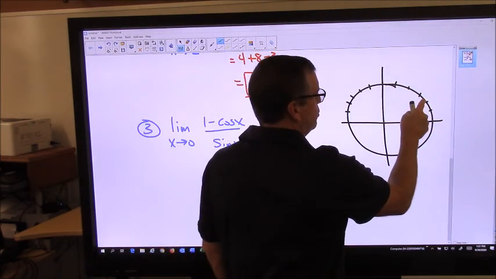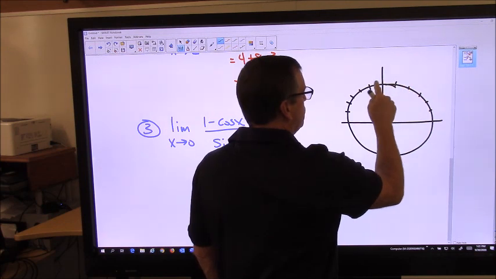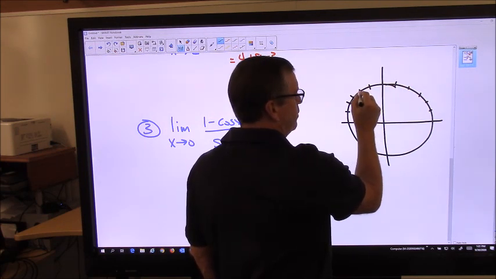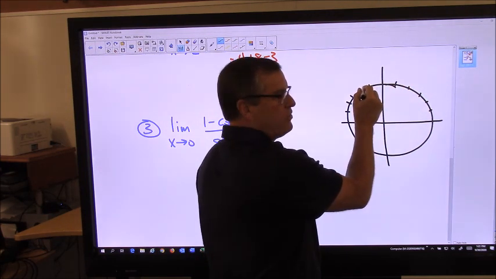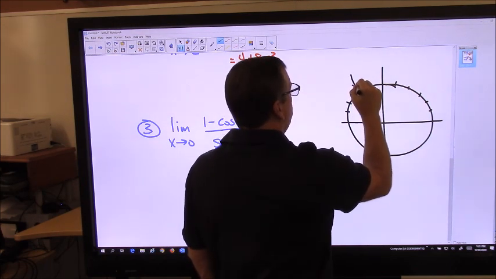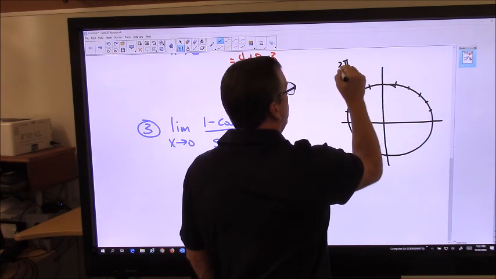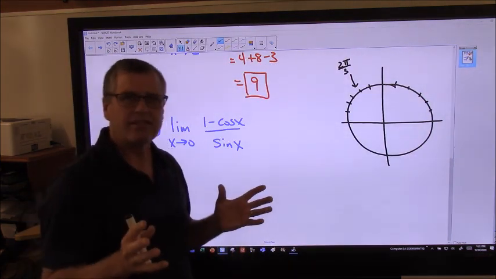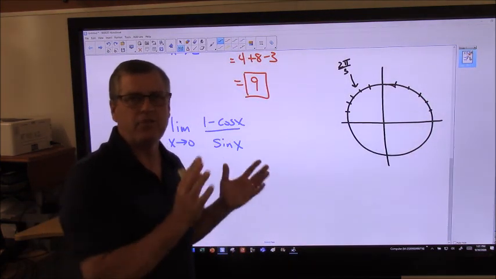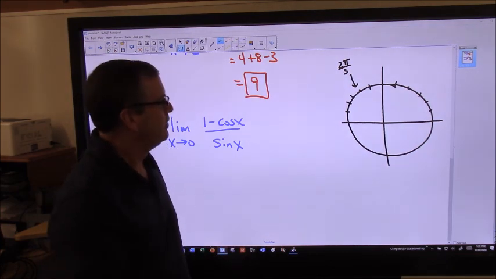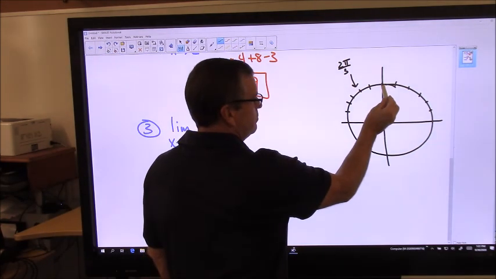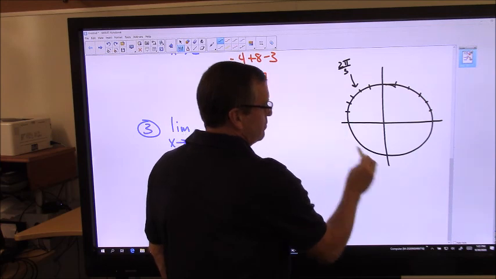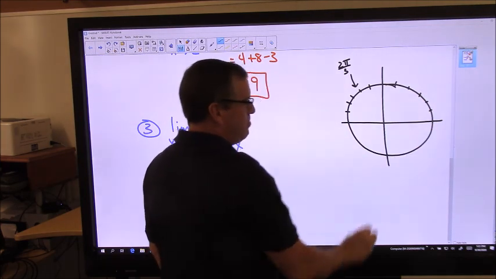So 1/12, 2/12, 3/12, 4, 5, 6, 7, 8/12 right here. 8/12 reduces down to 2/3. So this angle would be 2 pi over 3. And as long as you remember that, I think you're fine with anything that we do here today. Pi over 2, pi, 2 pi. This one is 3 pi over 2.